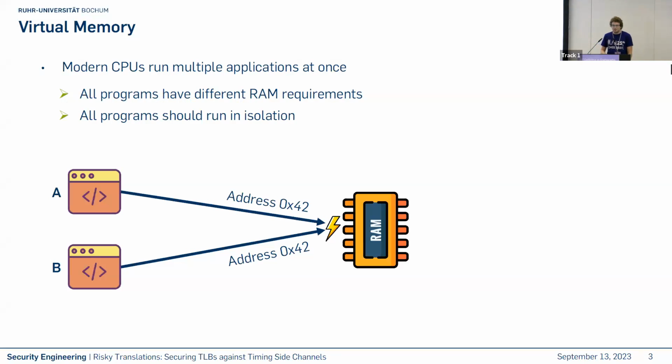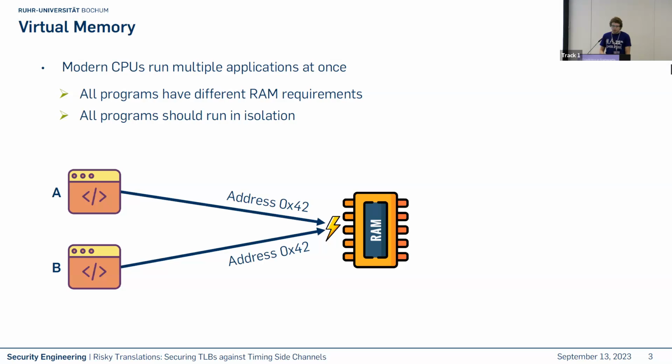Of course, it should be no news to you that modern CPUs are running multiple applications at once. However, in order to do this, we need to solve some problems. First of all, programs may have different RAM requirements, some much, some not so much. And of course, they should run in isolation because, as you see in this example, if you have two programs that both have data at the physical address 42 and they access it, then of course you get some problems.